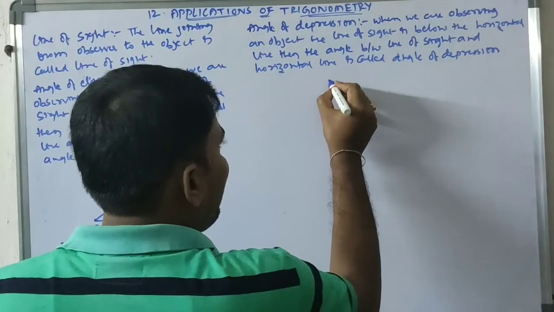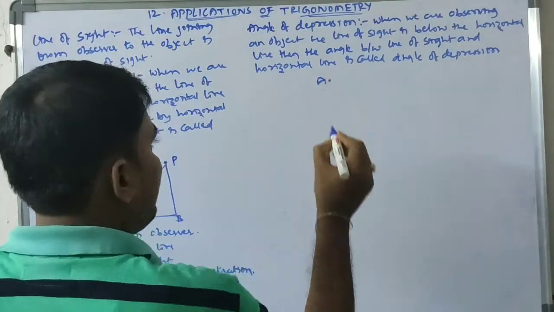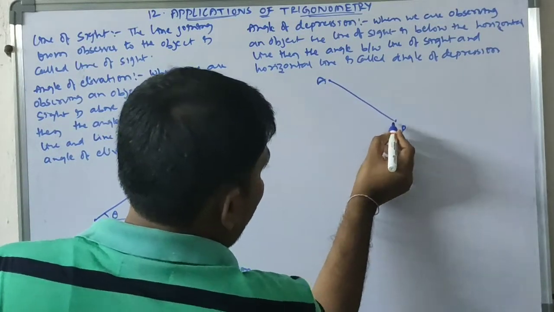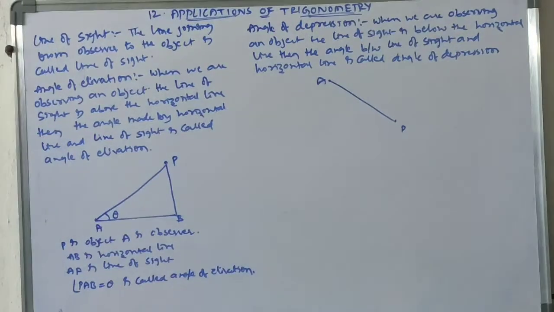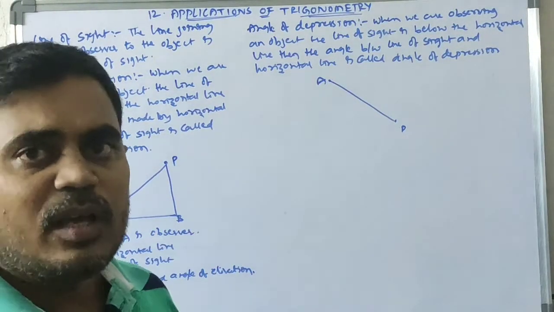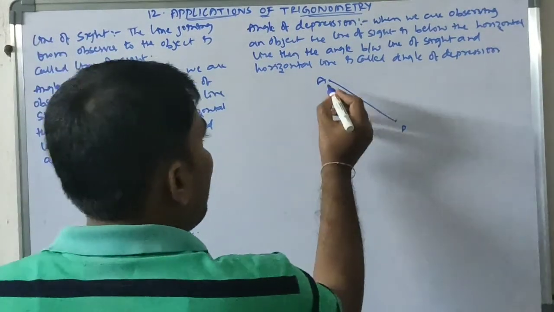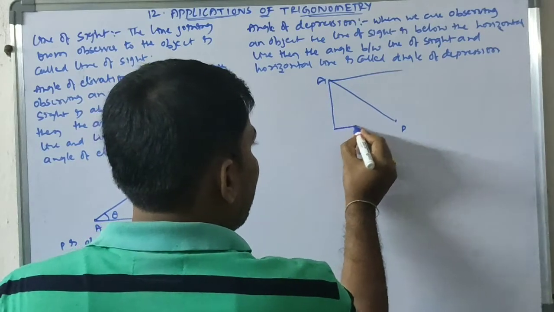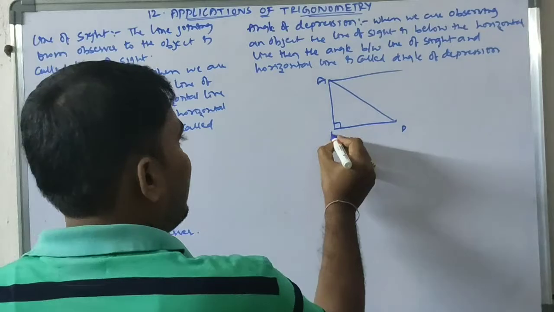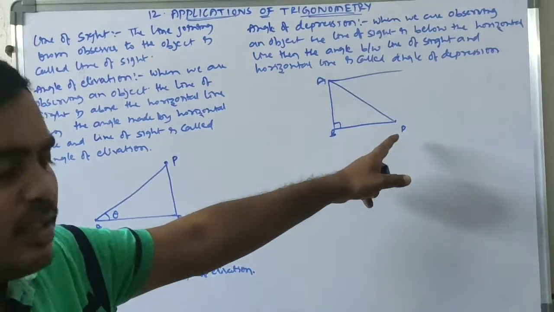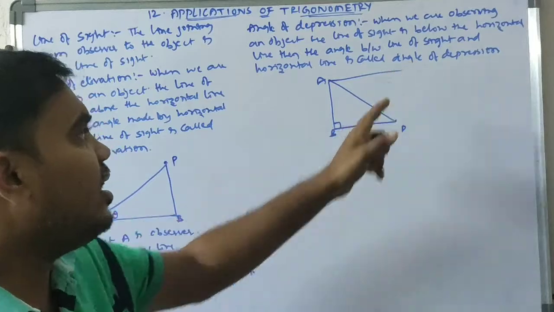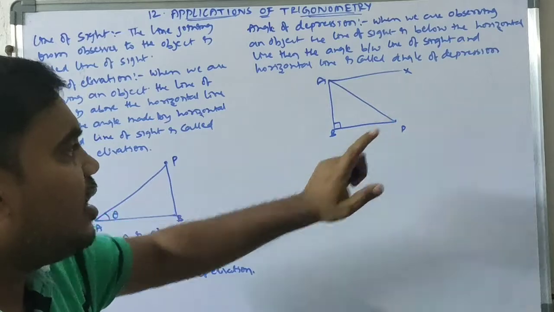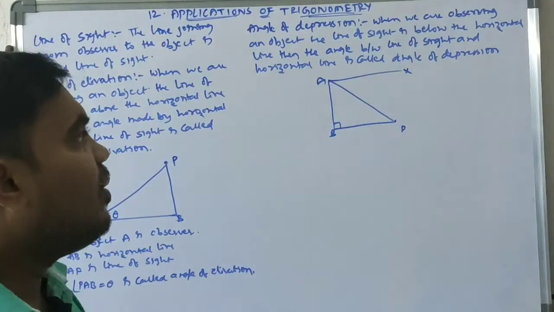Let us consider the observer is here at A and the object is here at P. This is the line of sight, and we must draw the horizontal every time from the observer. So this is the horizontal line. This is the right angle ABP. AX is the horizontal, and AX and BP are parallel lines.